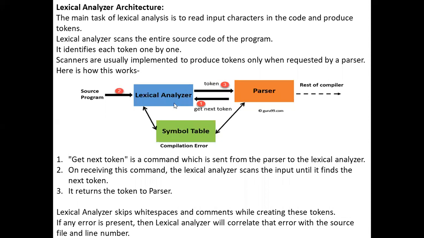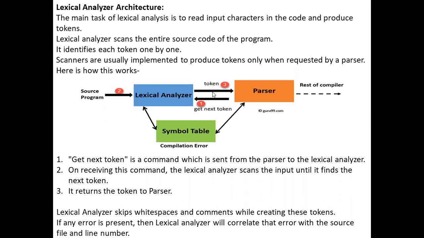Okay, clear? In this diagram, we can easily see the source program, then the lexical analyzer, then the parser, then the symbol table. In the first step, it is get next token and tokens. What is the meaning of next token? A source program is a combination of lines.